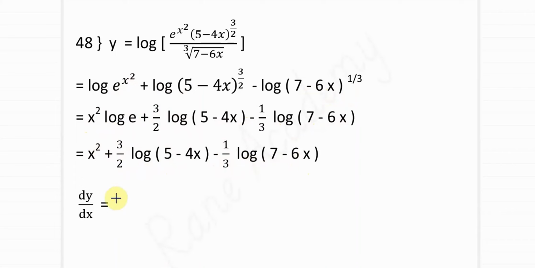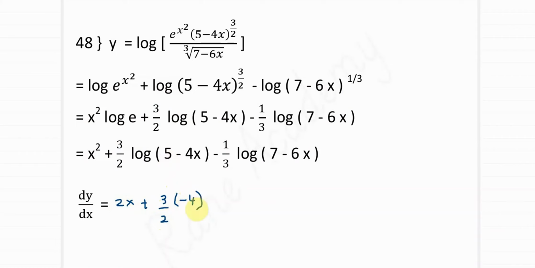So we simply differentiate. The derivative of x square is 2x. Then 3 by 2 is a constant, so we write it as it is. Now the derivative of log x is 1 upon x, and we know that for the derivative of 5 minus 4x, 5 is a constant with derivative 0, and minus 4x gives minus 4.